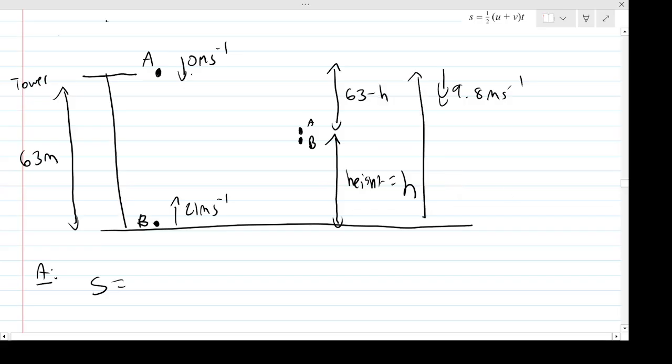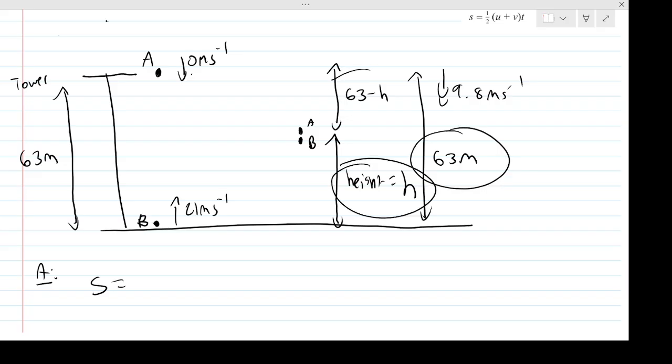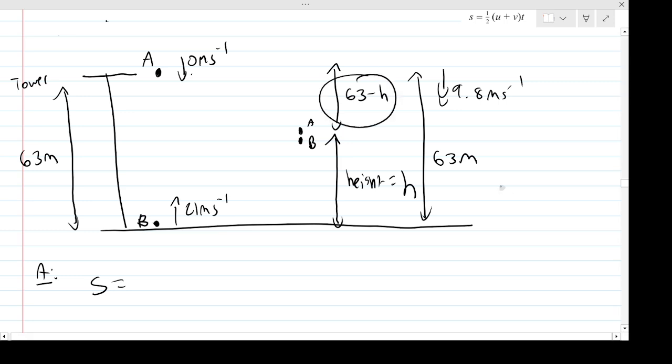If overall, it's going to be 63 meters. Hopefully you're with me there. So if I do the whole 63 take away h, I then get this height left, if that makes any sense, right? Which means A would have to travel 63 take away h distance down, right? So it's moving down by 63 take away h. So I'll say that, okay?